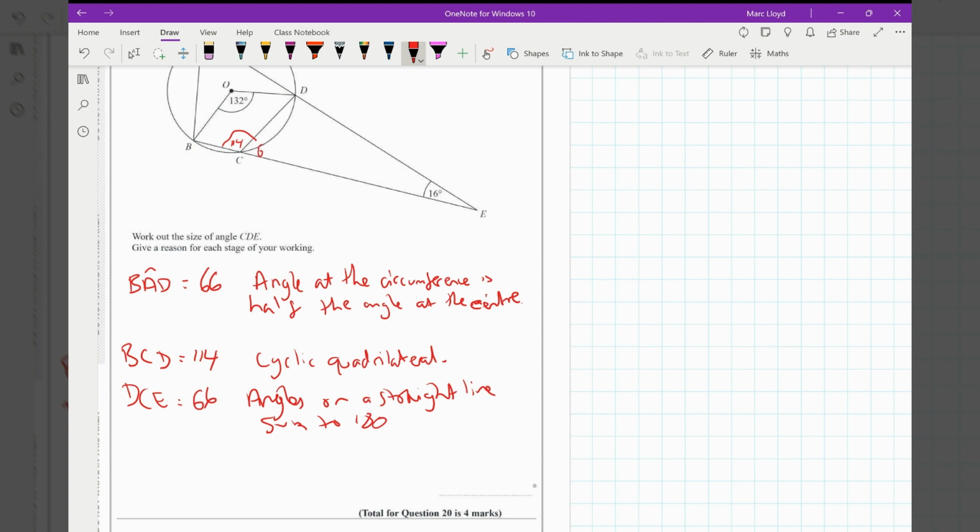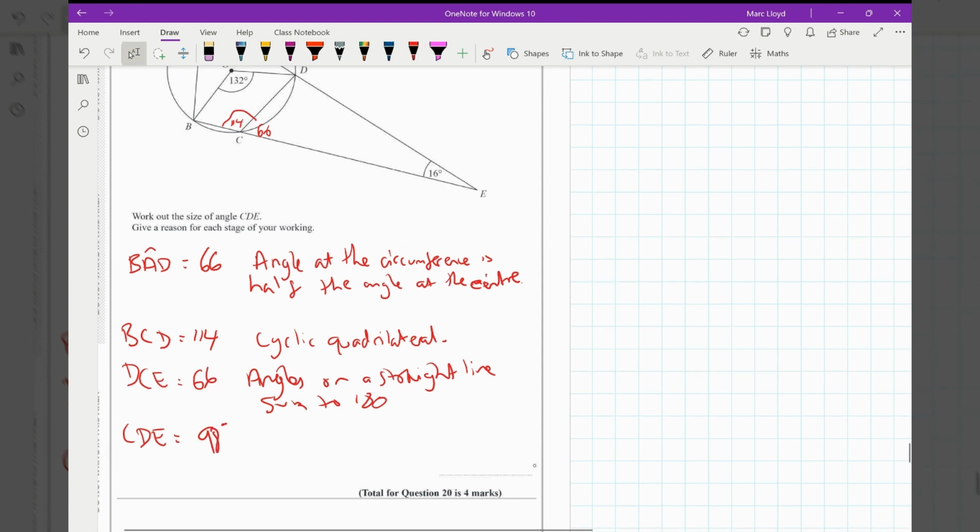So that's 66. And then CDE is equal to 180, take away 66, take away 16, which gives us 98, and that's because angles in a triangle sum to 180. Done.